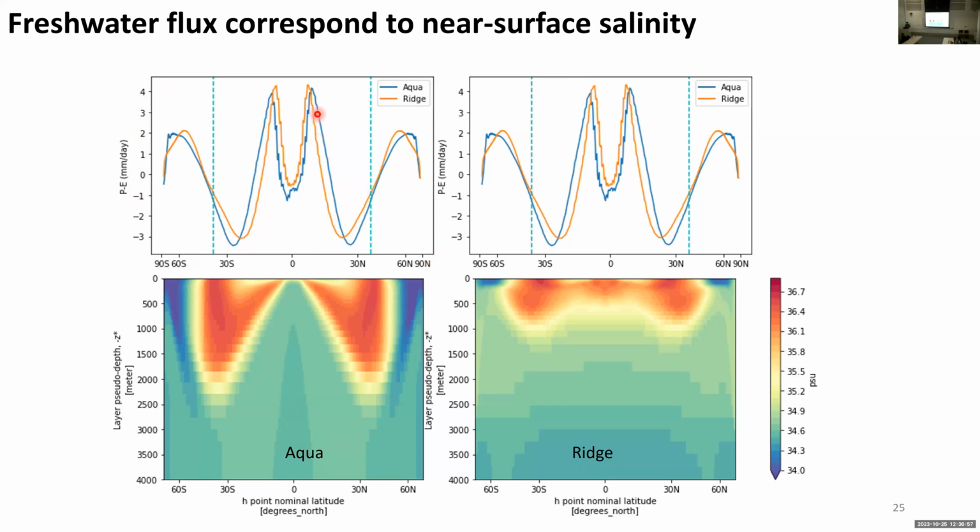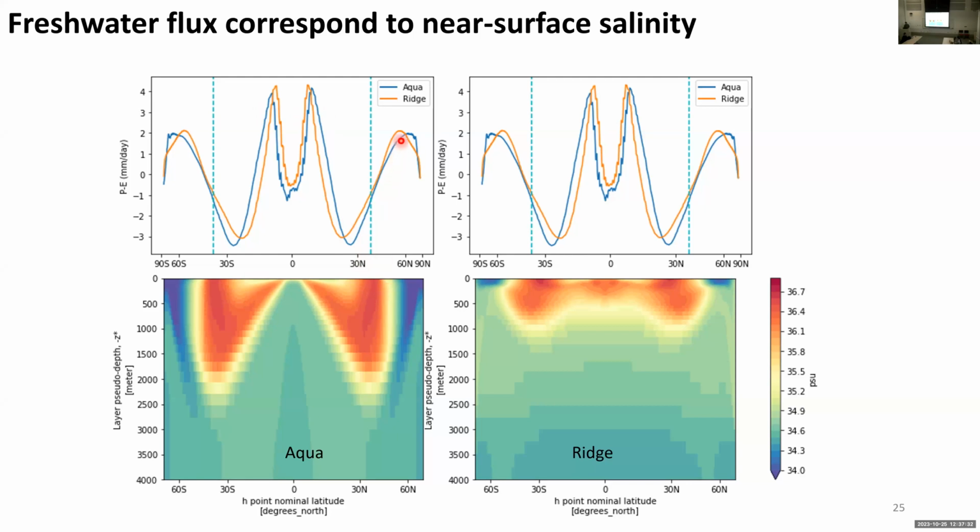We have two large rain belts sitting near the equator, corresponding to surface minimums of the ocean salinity, and a large evaporation, a lot of fresh water leaving the ocean, corresponding to the salinity maximum on the ocean surface.